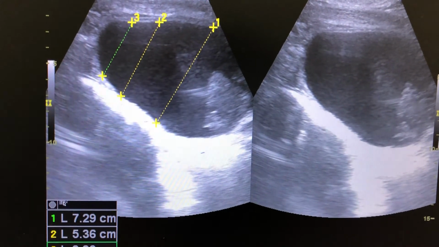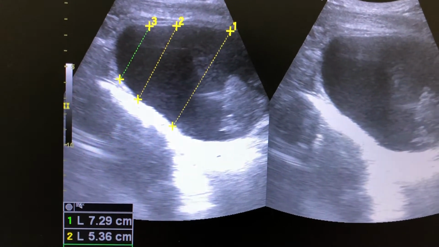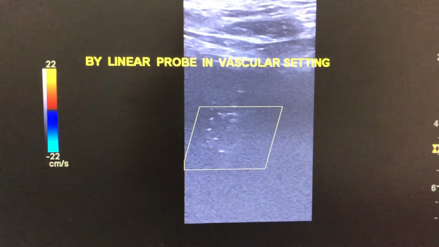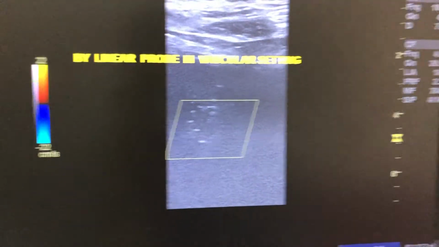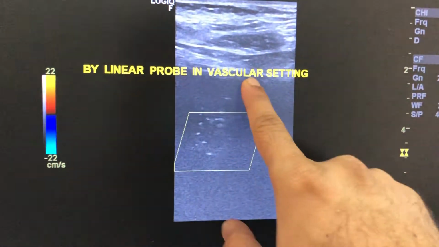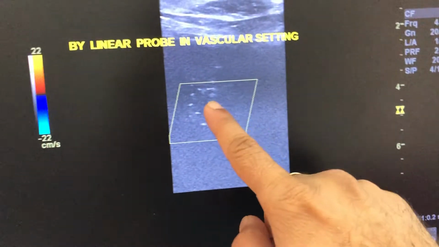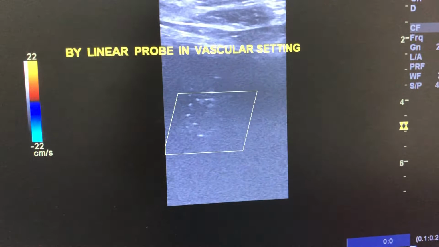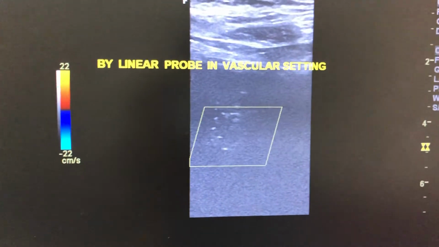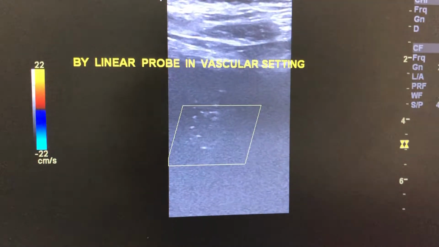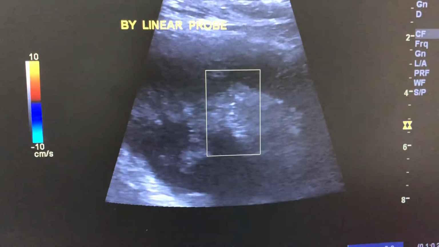For vascularity, I scanned the patient with the linear probe, in which I kept the vascular setting, and here the mass, that blood clot, was not taking the color flow, and this setting was of small part.